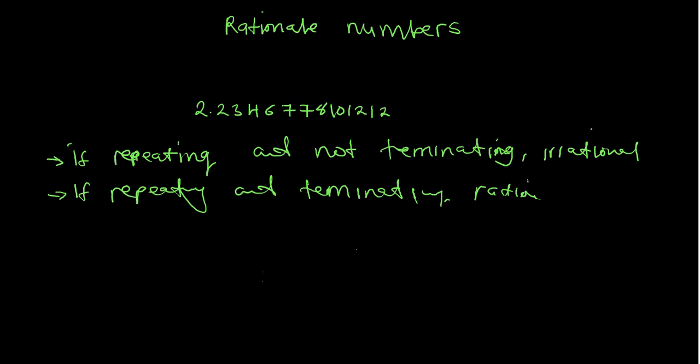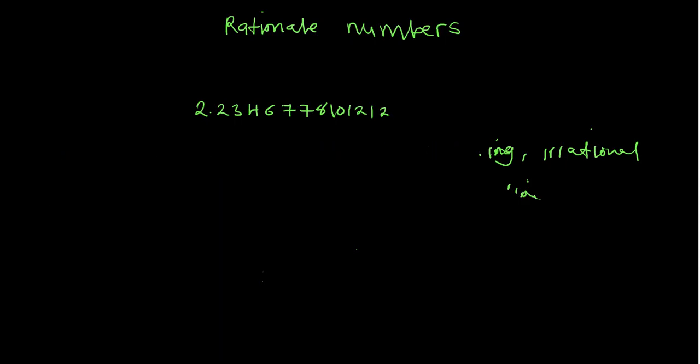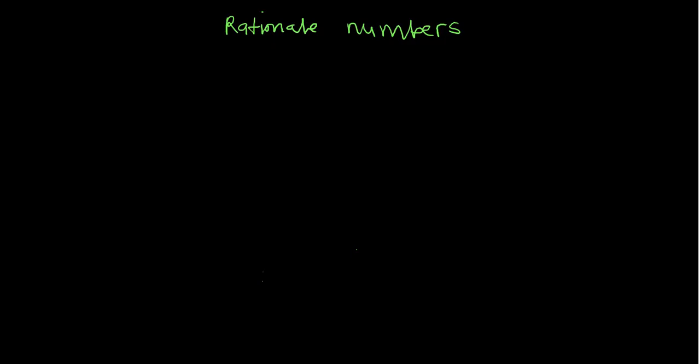Now we'll get into reversing. We'll start first with the rational numbers. Questions will be coming to say express in the form of a over b, where b is not equal to 0, for rational numbers. So let's say, for example, we're given a number like 4.234, again 3 4 3 4 3 4 3 4, just like that.